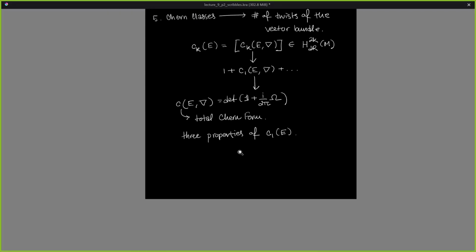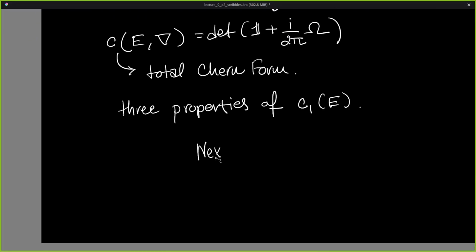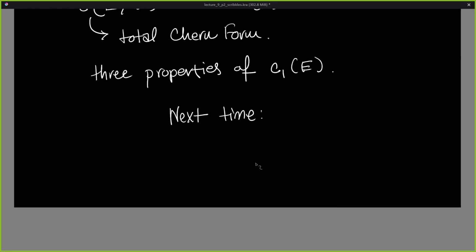So next time, it's exciting. Next time we're going to do the last prerequisite for talking about Kähler manifolds. We're going to do metrics. Specifically, we're going to look at Hermitian manifolds.